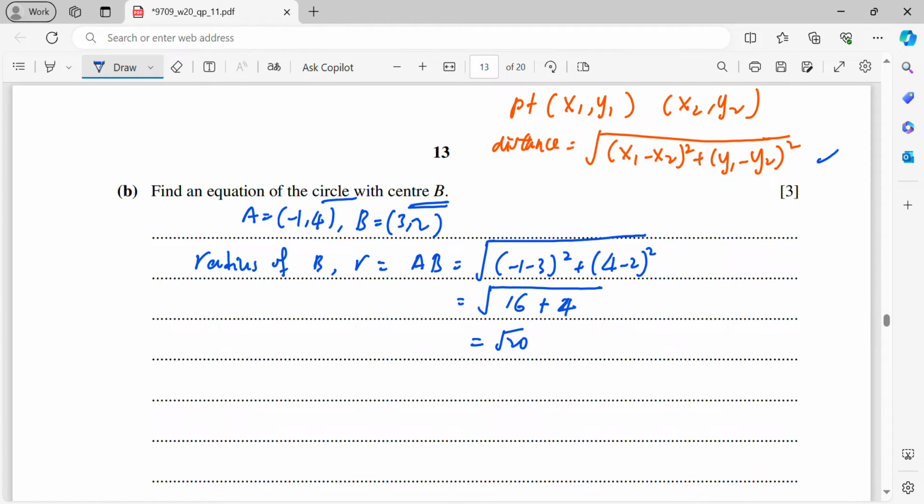That is our r. So now, equation of the circle with center B with coordinates (3, 2) and radius square root 20.